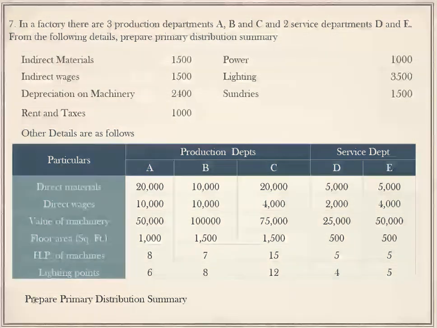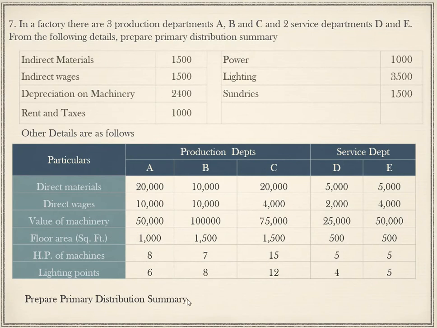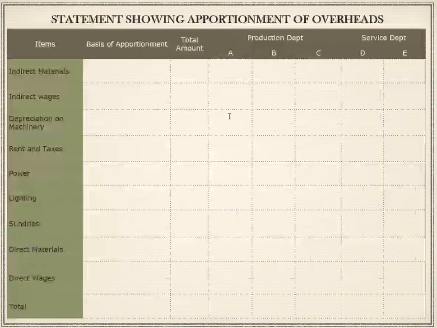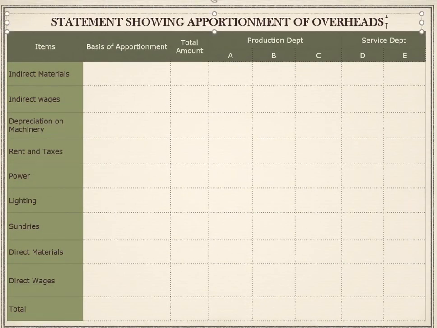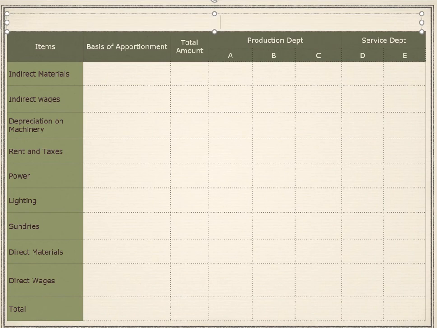Now they are asking us to prepare the primary distribution summary. Now let us quickly move on to the solution part. The heading can be either statement showing apportionment of overhead. As this is the last problem, for your reference, I'm going to change the name as primary distribution summary.